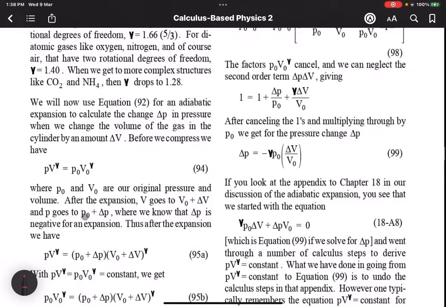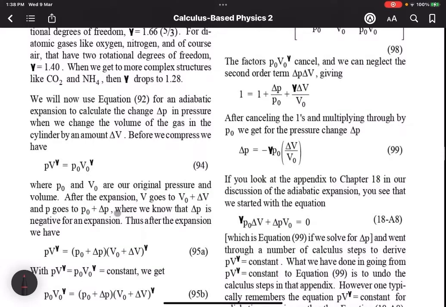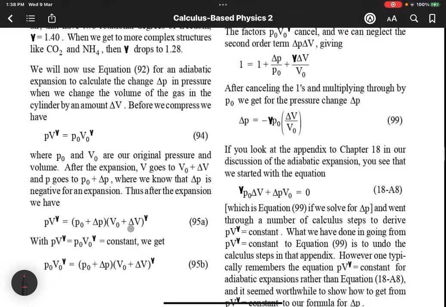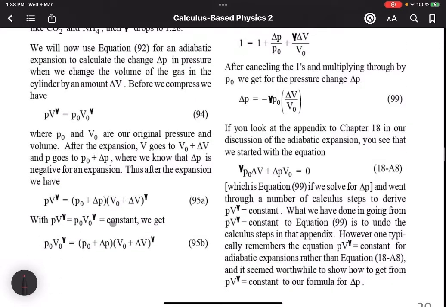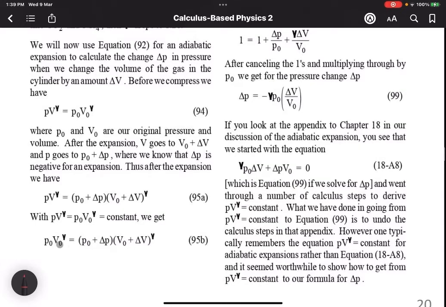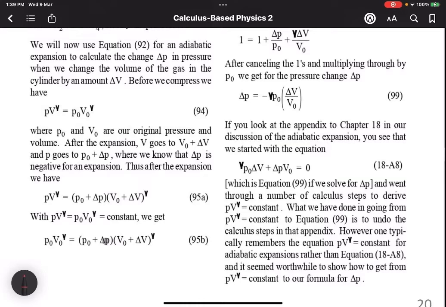And P goes to P0 plus the change in pressure. So ito yung ating formula. With that, we get P0 V0^γ is equal to (P0 + ΔP) times (V0 + ΔV)^γ. So ni-replace lang natin ito with this change, no?